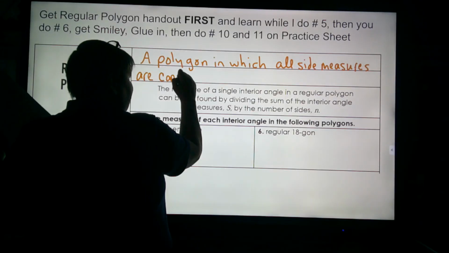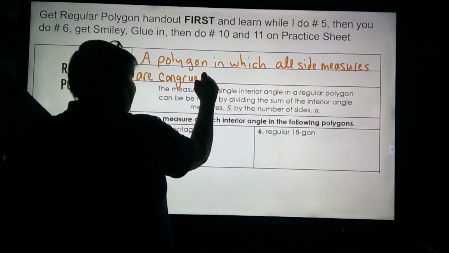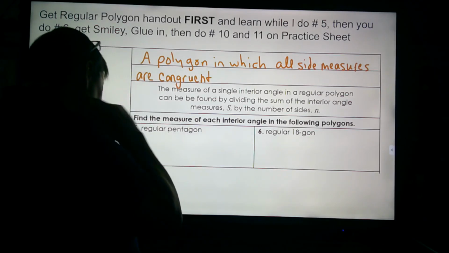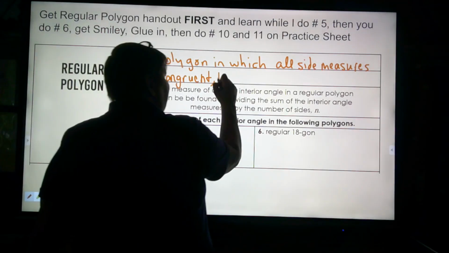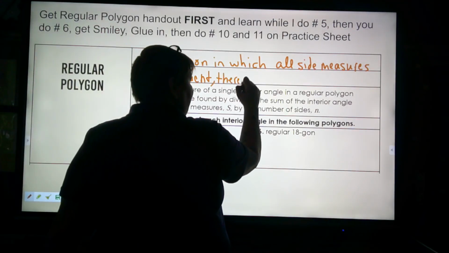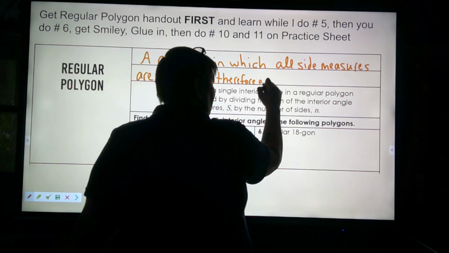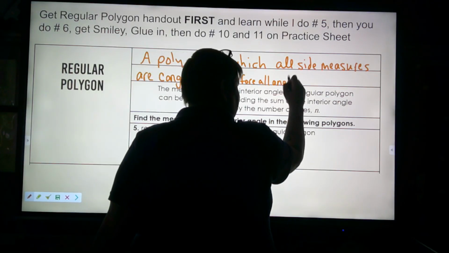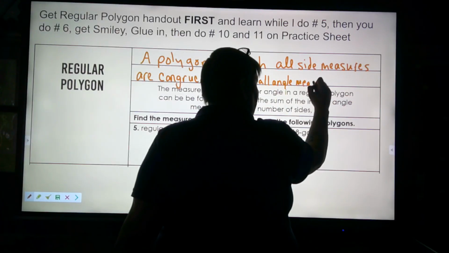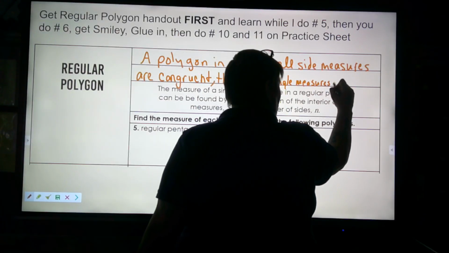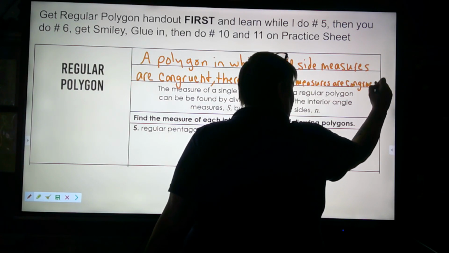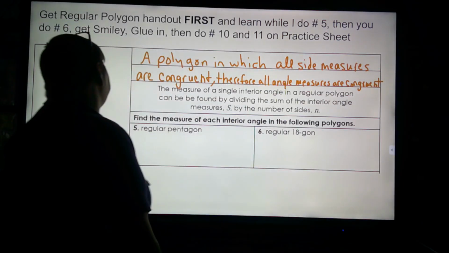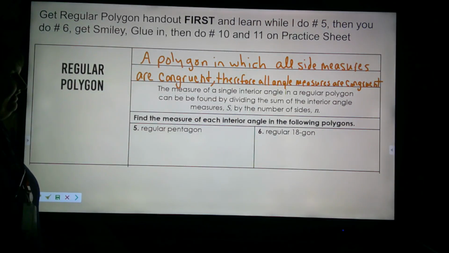Congruent basically means equal in math. If all side measures are congruent, therefore, all angle measures are congruent. Right? It's called a regular polygon.